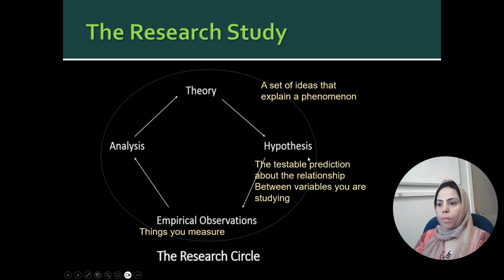Now you have to make that idea into a hypothesis. What are hypotheses? They are testable predictions about the relationship between variables that you're studying. So here, you make that idea into something testable. Your hypothesis would be that the naive Bayes algorithm will perform better in diagnosing a particular heart disease in terms of accuracy, that its accuracy will be better.